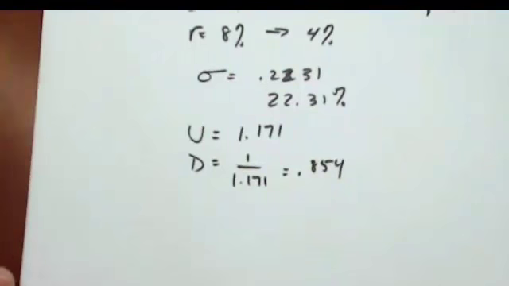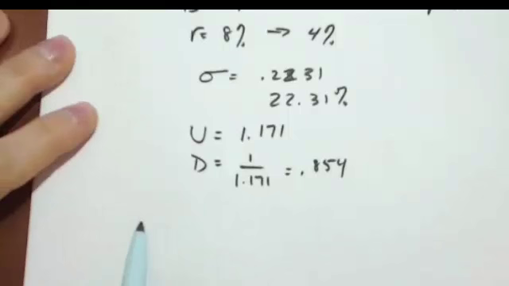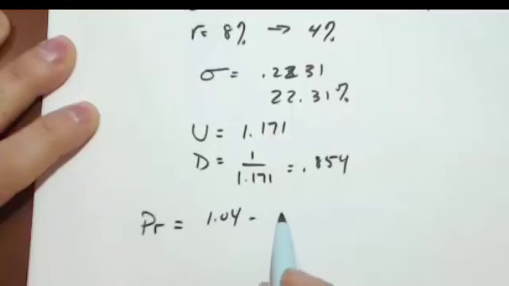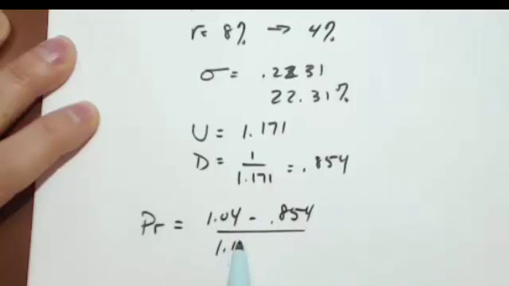We'll do it simple. We won't do the arbitrage with hedge ratios and things like that. We'll do it in a quite simple manner. Okay, so the probability of an up move is 1.04, that is 1 plus the interest rate for a 6-month period, which is 1 step, minus the down, divided by the up minus the down.